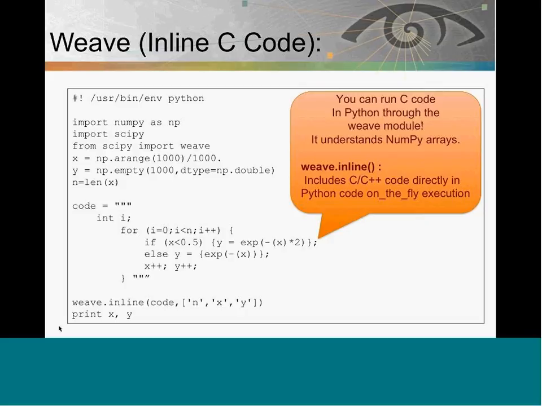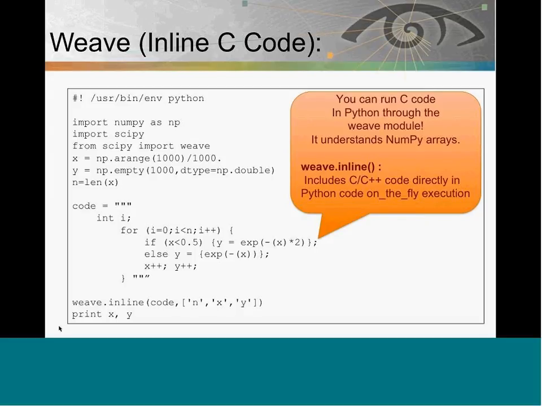One nice thing about SciPy is the weave functionality. If you want to write some small function in C, you can use weave from SciPy to run C code in your Python script as inline code.